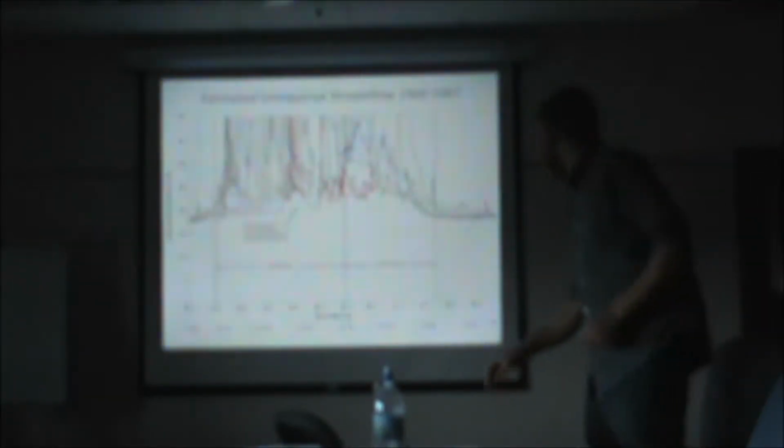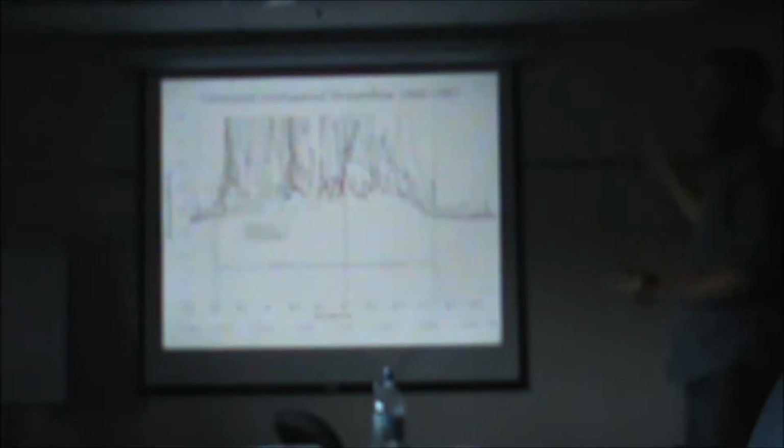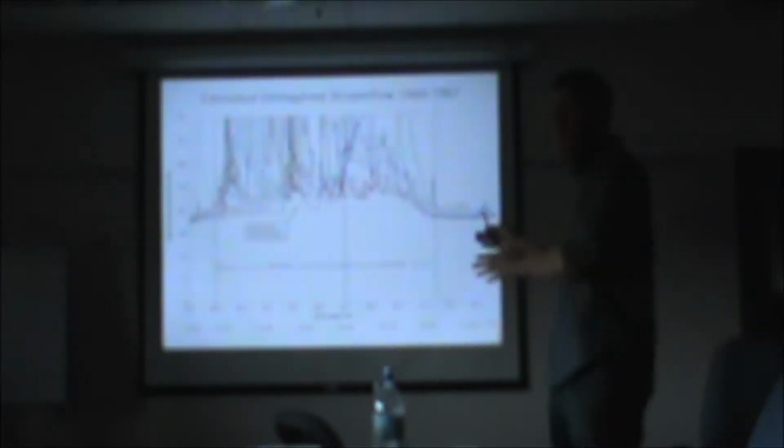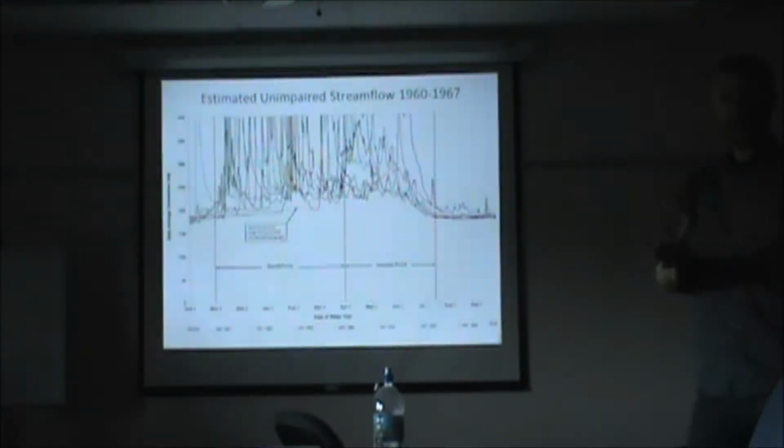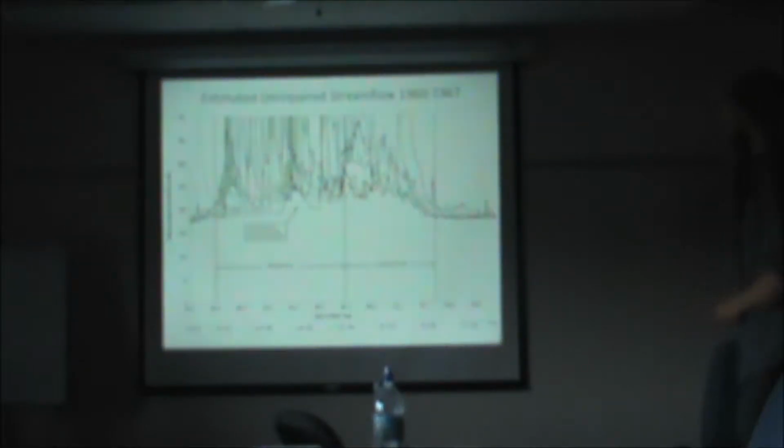To actually compute this, we had to use the available data we had, and we had water record data from the water masters on the Edgewood gauge between 1960 and 1967. That's the only period we're able to really, until now, get a good idea of unimpaired estimates.